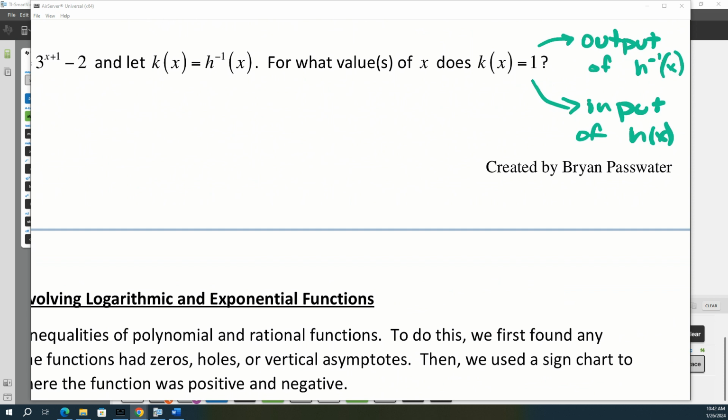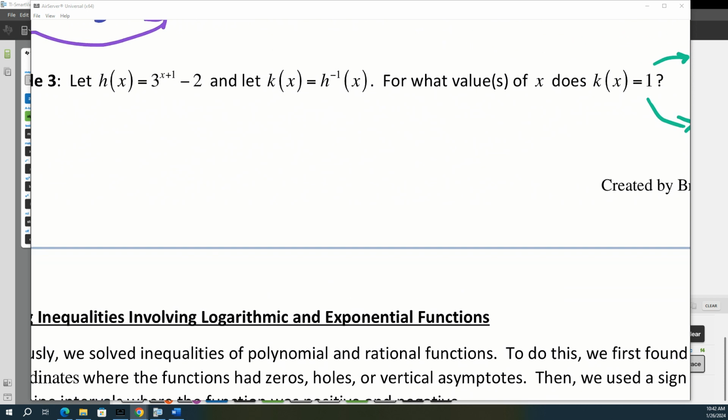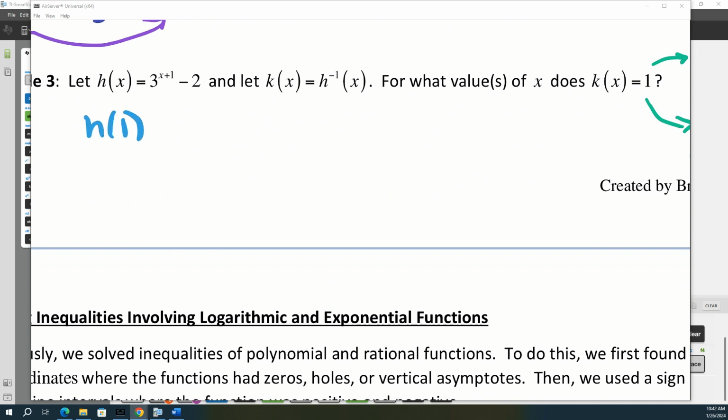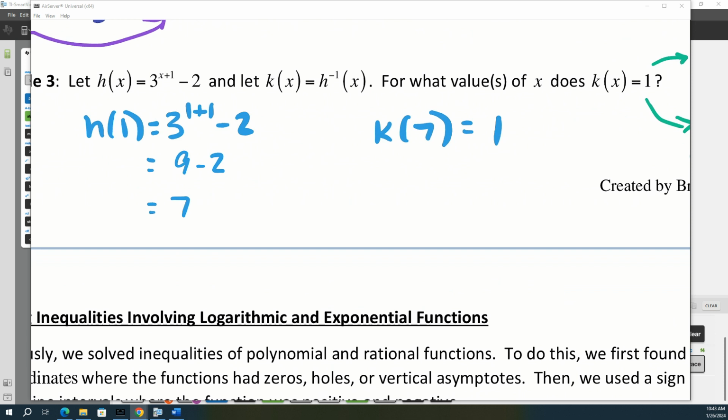All we have to do is go back in our h and just put 1 in for x, and we get 7. So to write your answer, you would say k of 7 is equal to 1.